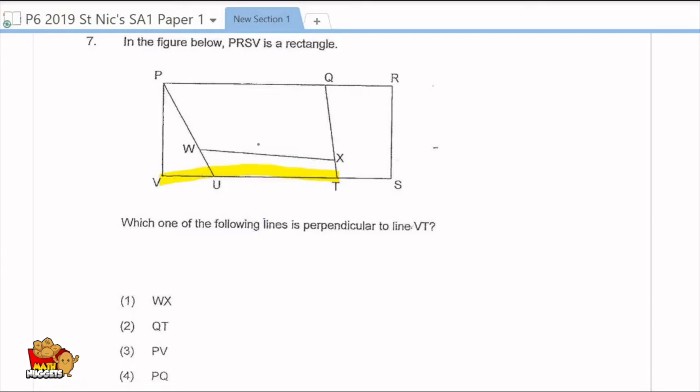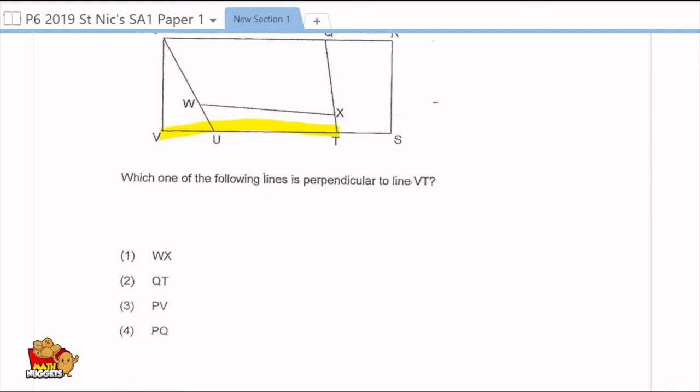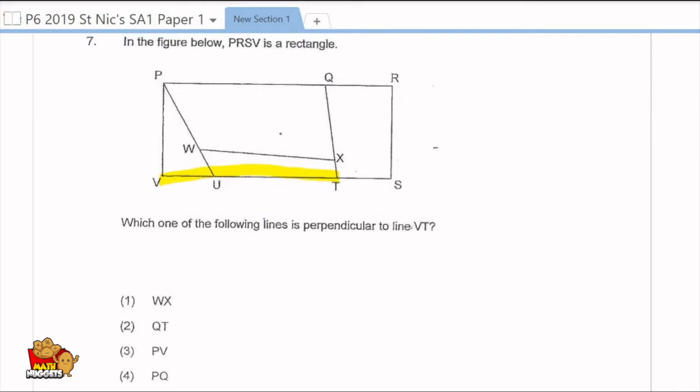Nope, it's not touching at right angles. QT. QT does not look like it's a right angle. It's a little slanted. PV. If this is a rectangle, this would meet at right angle. So the answer will be option 3, PV.